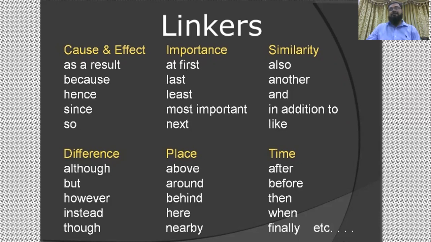When you are stressing importance: at first, last, least, most important, next. When you are discussing place: above, around, behind, here, nearby. Similarities: also, another, in addition to, like. This shows the similarities. Now about time: after, before, then, when, finally, etc.